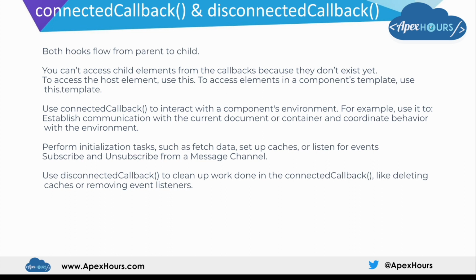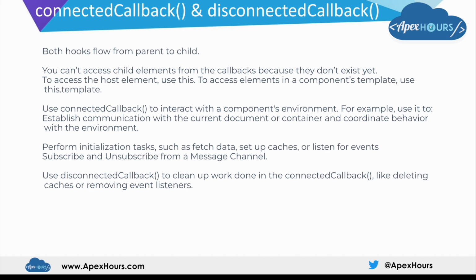Child elements will only exist on render callback. Once the component is rendered, as we have seen in the previous diagram, only then will it proceed further to the child elements. To access the host element, you can use this. To access an element in a component's template, use this.template.